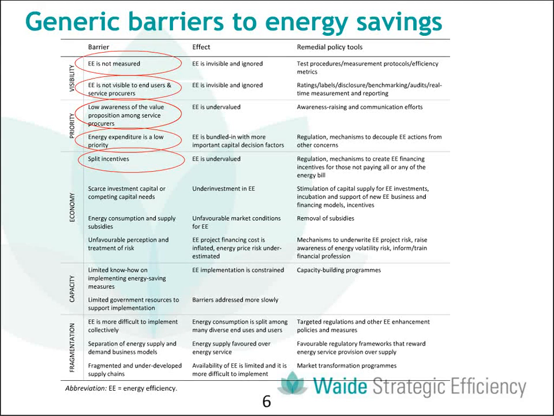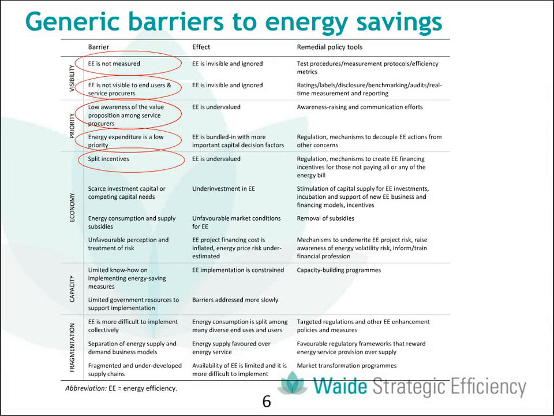And in particular, you have split incentives. Now, there are many forms of these. The classic example is that a landlord might pay for investment in the efficiency of the building, but the tenant would actually pay the energy bill. And so the landlord has little incentive to reduce the energy bill of the tenant unless they can recoup that in higher rental values.